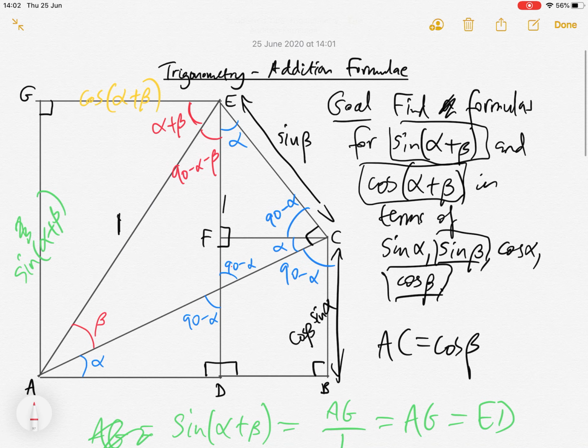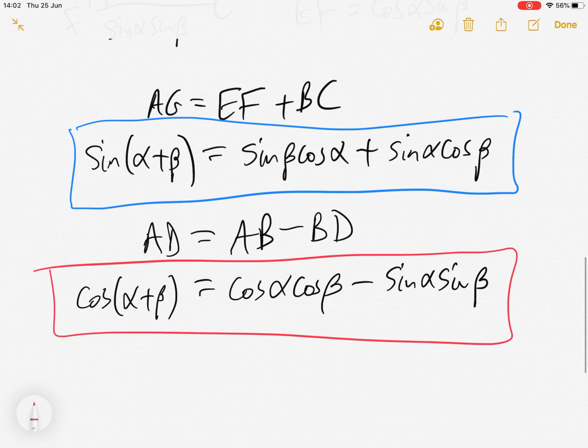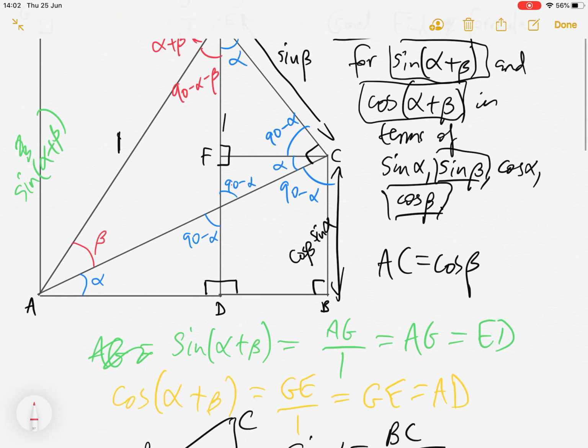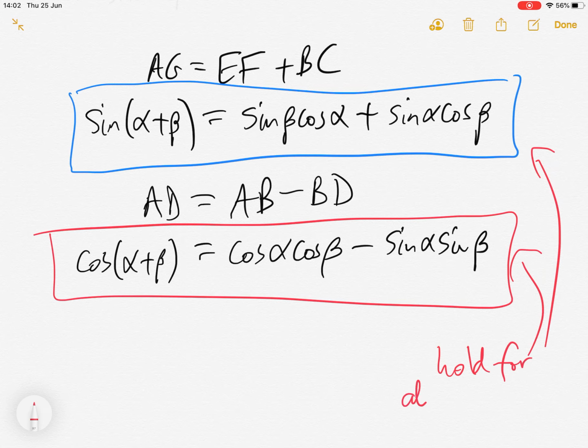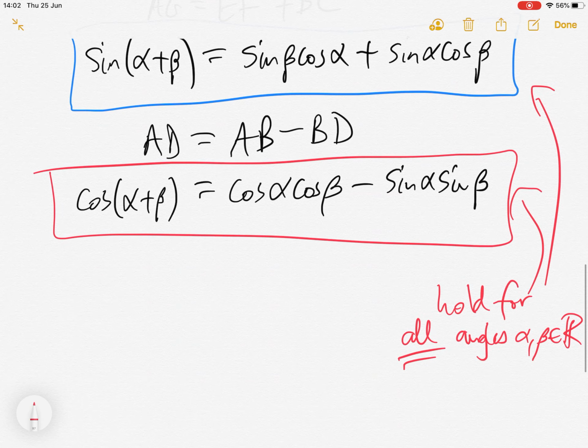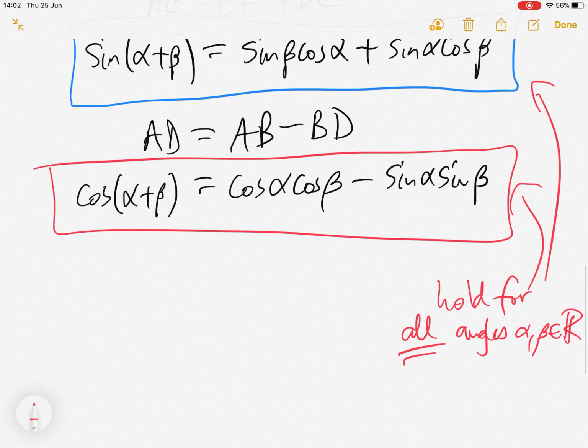In our diagram, we assumed alpha and beta are acute, and in fact we assumed their sum is less than a right angle, but these two formulas actually hold for all angles alpha and beta in the real numbers, even negatives and even very large angles beyond 2 pi, if we're in radians and so on.